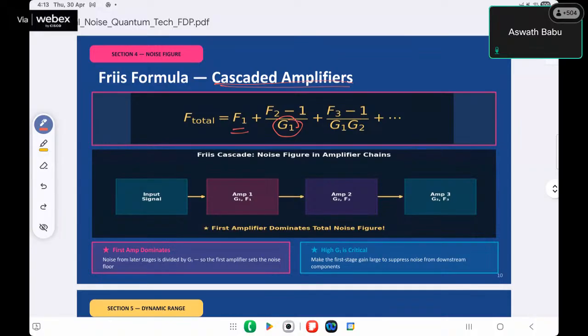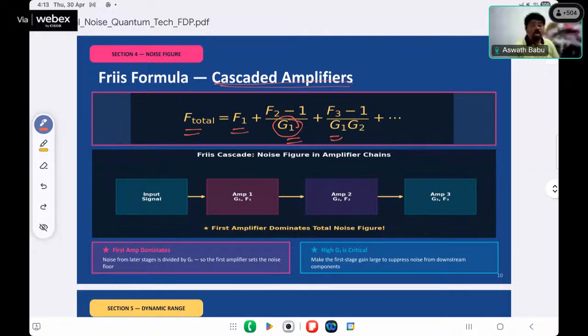How? Through a formula called the Friis formula. You see here, first you have a noise factor F1, second noise factor which is subtracted by 1 divided by G1. If G1 is very good, the correction factors become so small later on. Okay, the larger G1 is, the smaller the correction factors will be. In that way, we can have amplification up to a very good level.